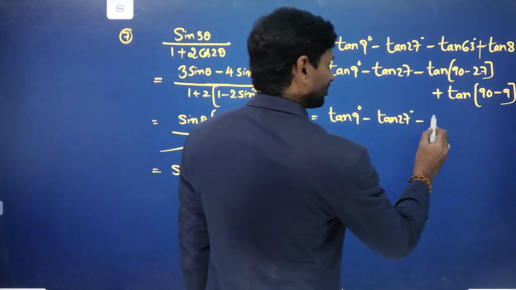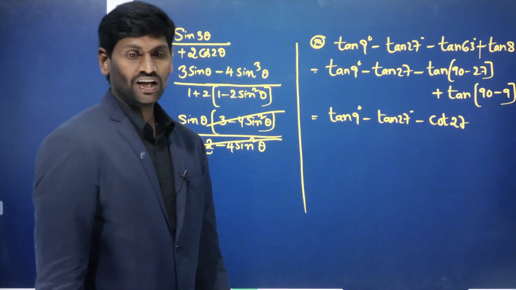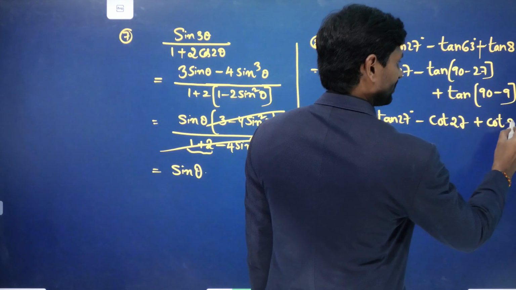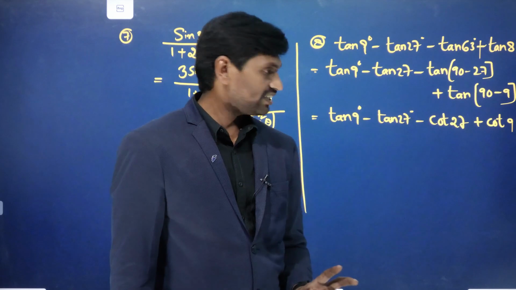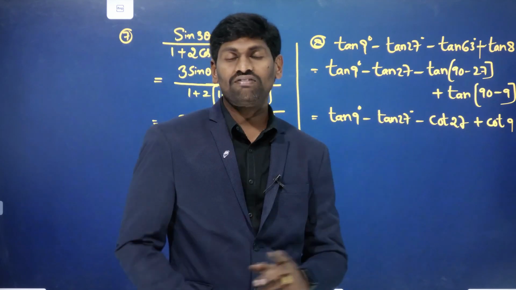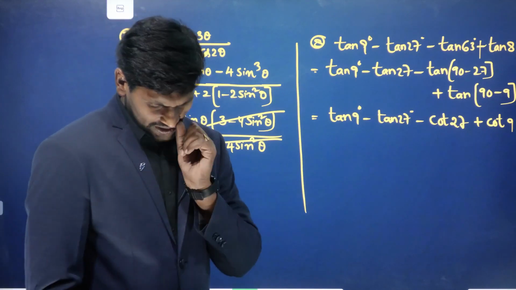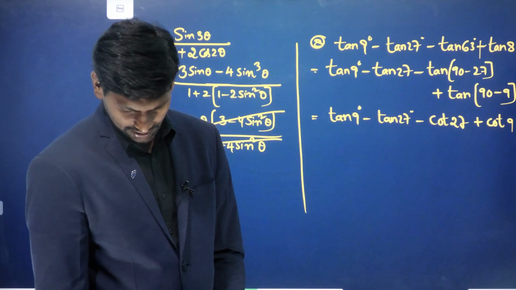So it will be cot 27, and the last one, cot 9 degrees. So tan 9 degrees, cot 9 degrees, as well as tan 27, cot 27. Okay? Let us try to convert them into the possible values.